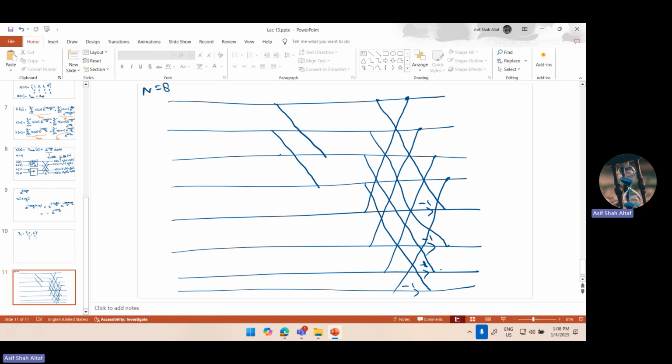And then here you will again divide this section into 2 and 2, which will look like this. Then finally you will have 2 and 2 again, so it will be like this, until you reach a 1-point DFT, which you can compute easily.